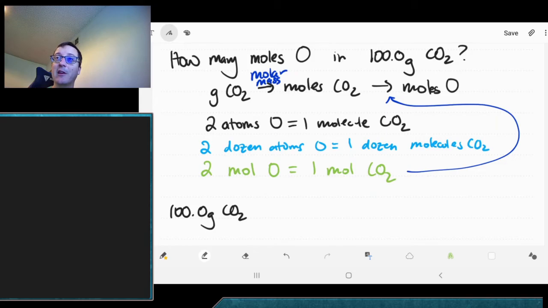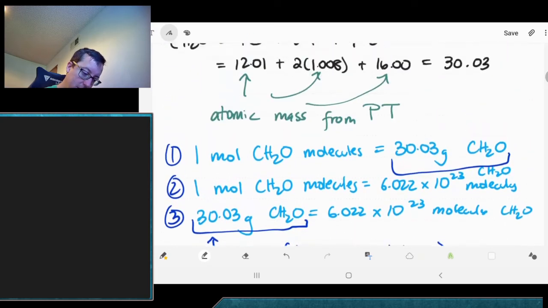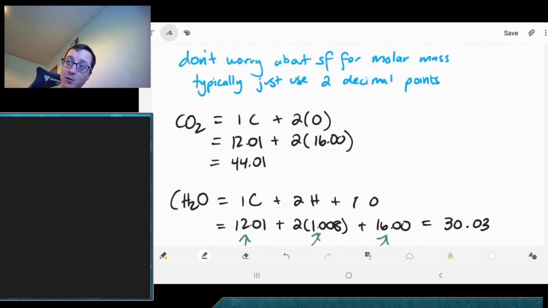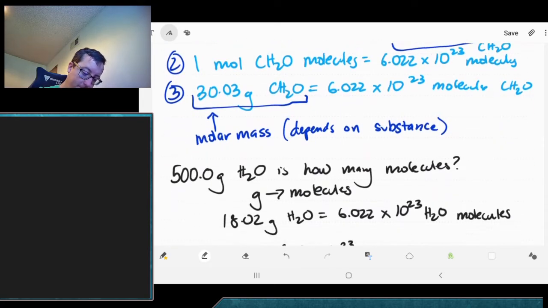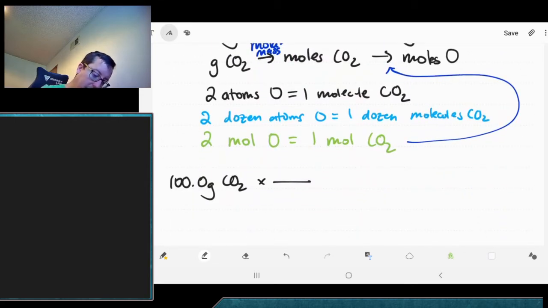We have written out in our plan, we're going to use the molar mass first. Fortunately, we've calculated that somewhere up here. For CO2, it's 44.01. Am I going to put it up here?